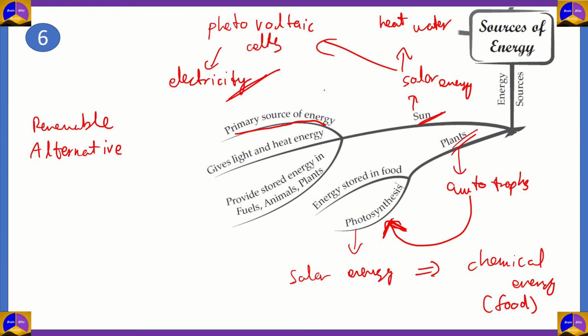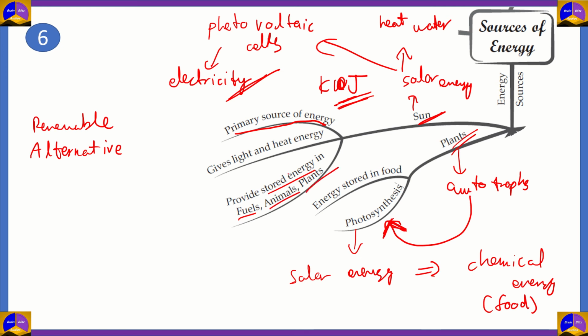It gives off a lot of energy in terms of kilojoules. That makes it an extremely viable source of energy, and therefore research is being done on improving our solar energy catchment devices. The sun, in addition to giving off light and heat energy, provides stored energy that we use as fuels, whether it be animals or plants.